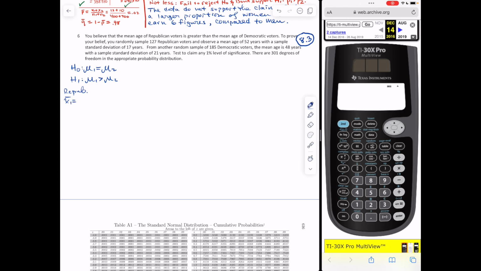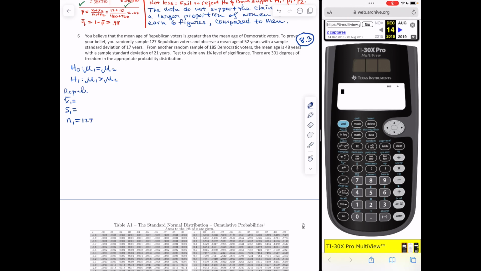Okay. So your sample mean, X bar 1, S1, and N1. So what I see first in the problem is 127 Republican voters. The mean is 52, and the standard deviation is 17. Okay, so 127 for the sample size.